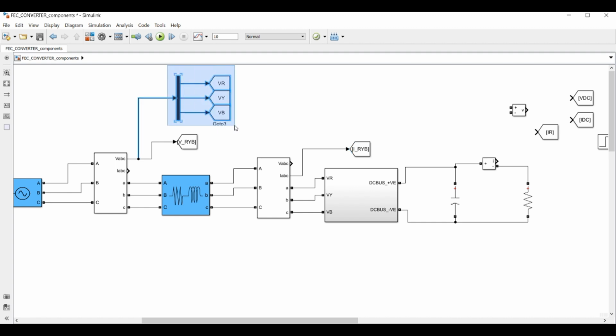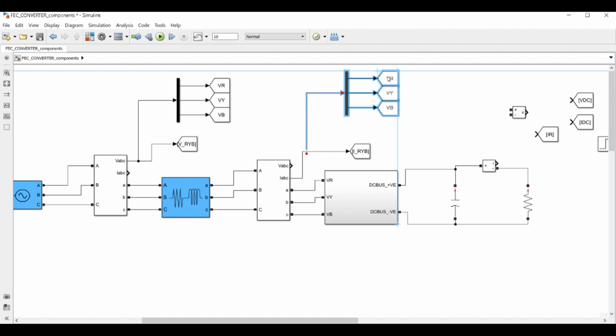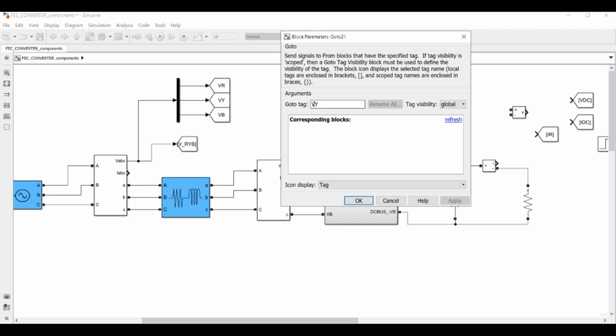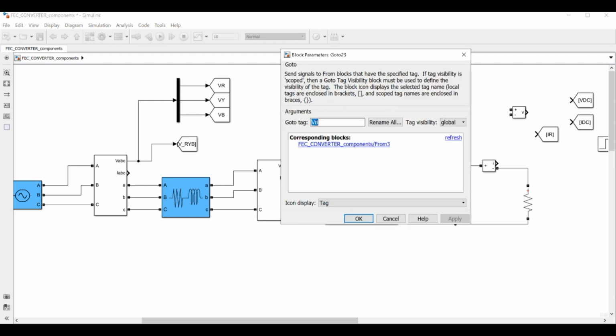And this one we will copy, and we will place it over here and change everything for the current. This will be IR, this will be IY, and this one will be IB.